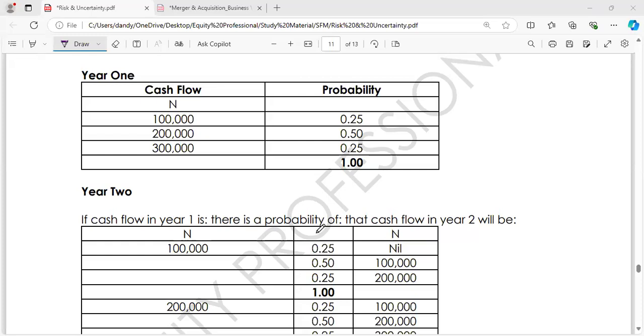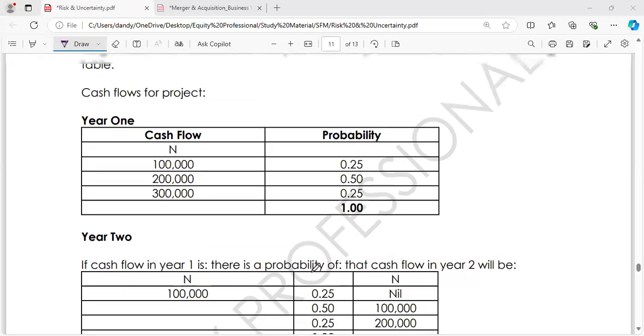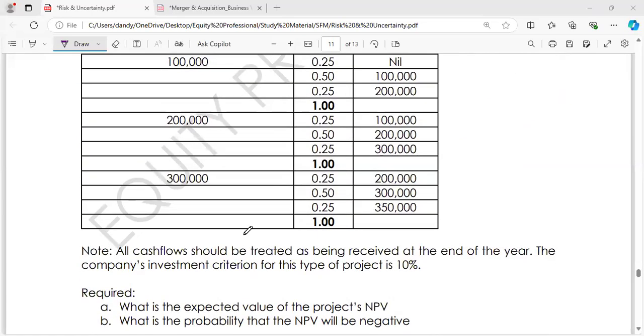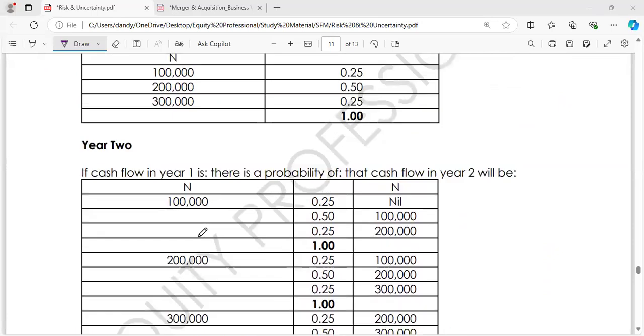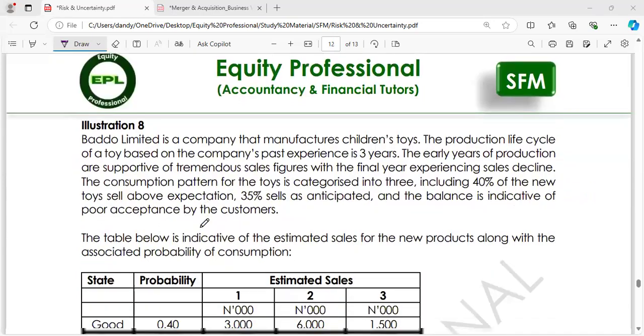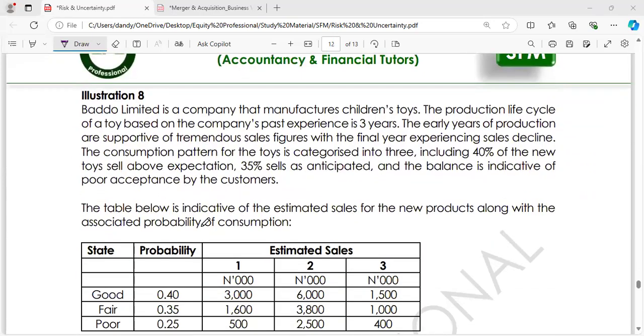So first thing first, the examiner has helped us. Of course the cash flows have been put in the table, which made life so easy. At times, the cash flow may not be in a table.